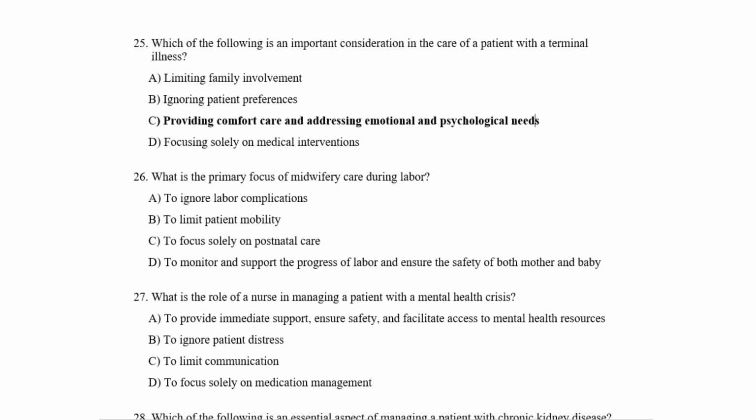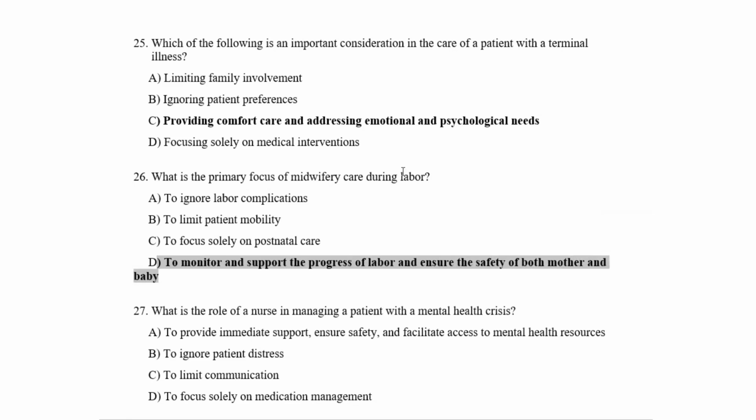Option D मा रहेछ to monitor and support the progression of labor and ensure the safety of both mother and baby. इसको सही उत्तर हो ऑप्शन डी. To monitor and support the progression of labor and ensure the safety of both mother and baby.